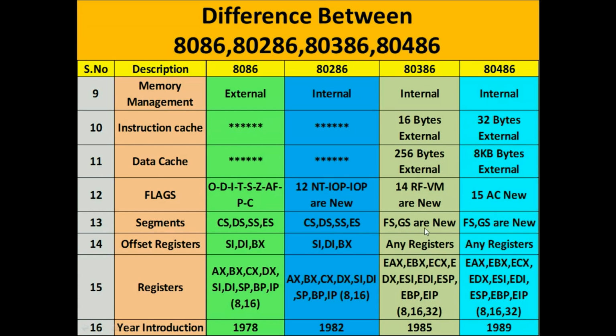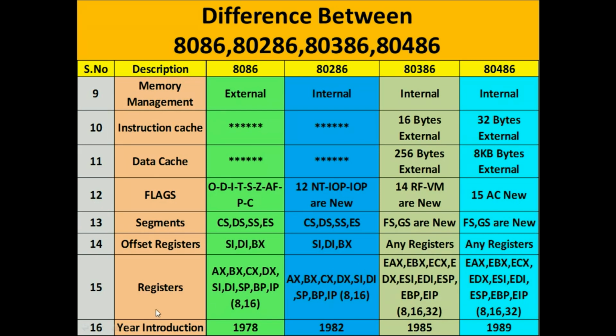We can consider these segments as data segments. And next are the offset registers. That is nothing but the offset address held by these registers. Those are SI, DI, and BX for 8086, and the same for the 286 microprocessor. And for 386 and 486, we can use any register to hold the offset address.